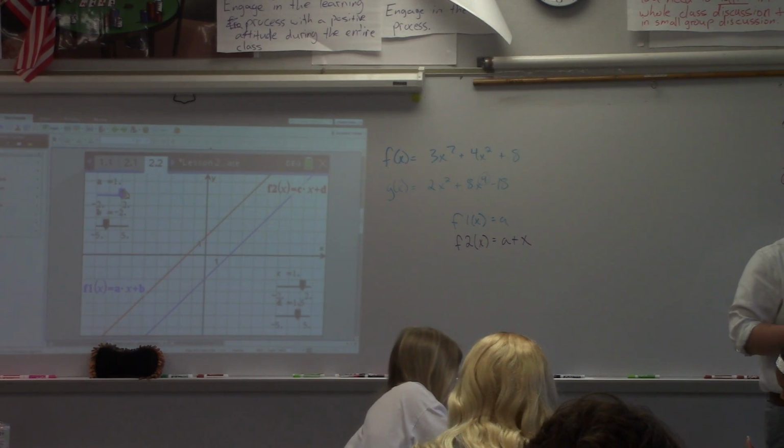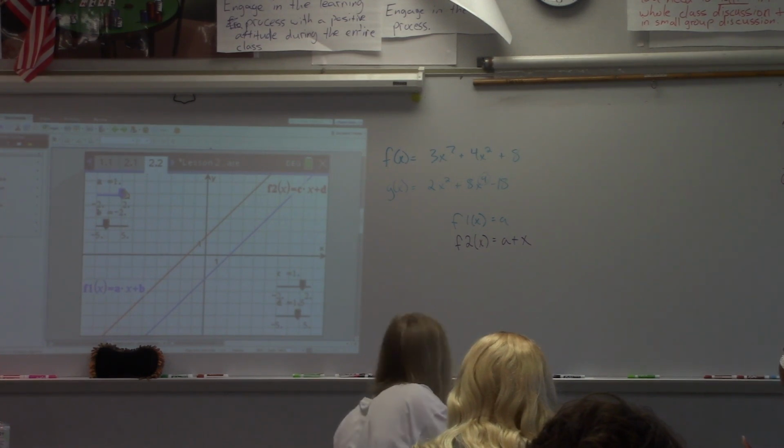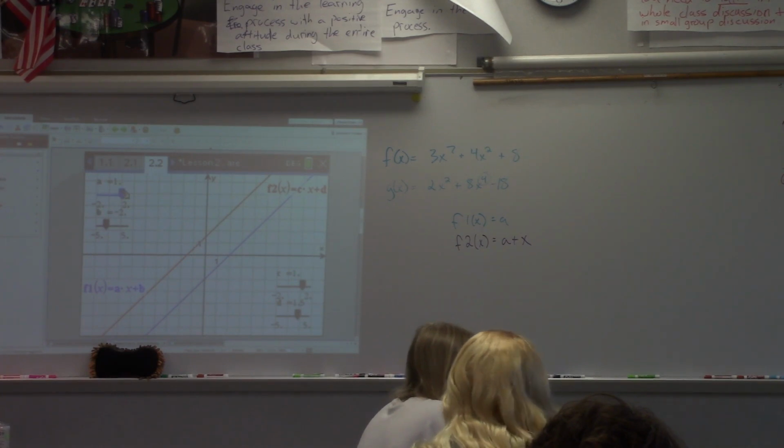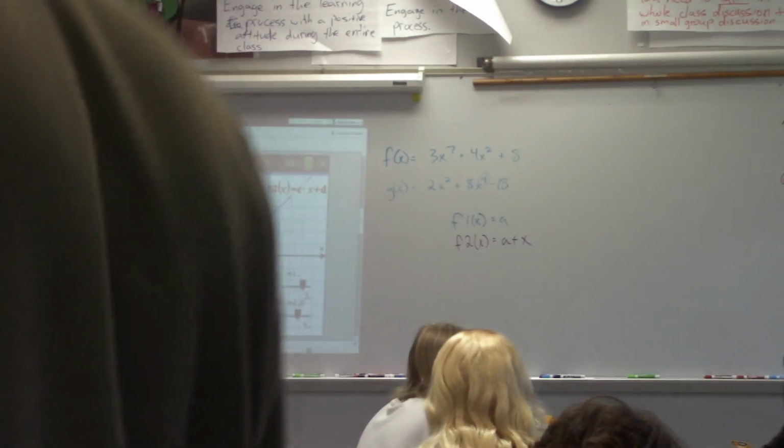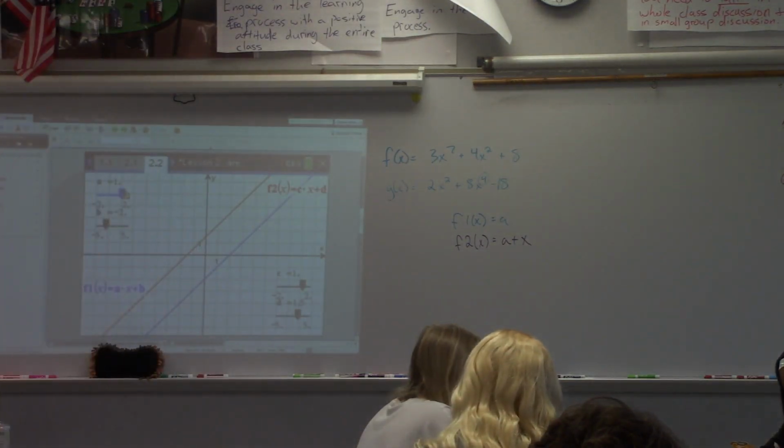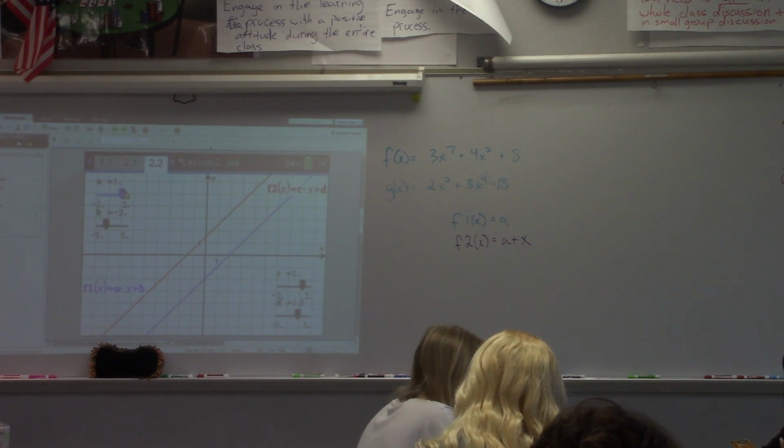So manipulate it, talk with your group. I want to hear group conversation, trying to figure out what do A, B, C, and D affect. What are they controlling? Remember, we're on 2.2 now. I need you playing around with the sliders. Don't make this hard. What do A, B, C, and D affect?